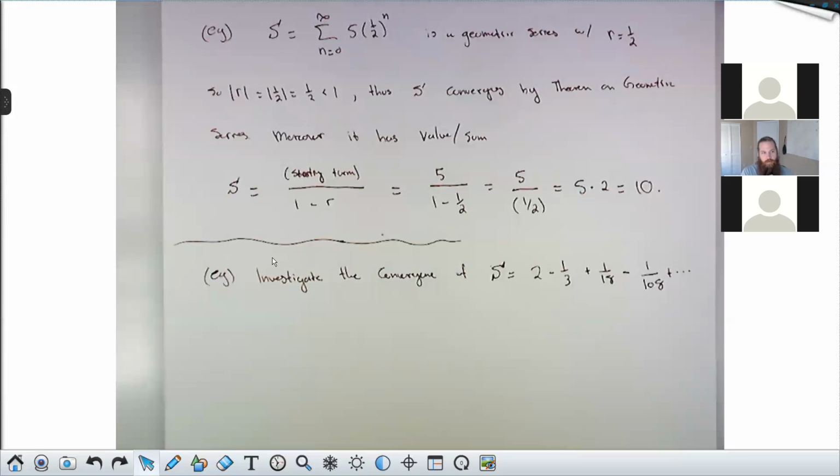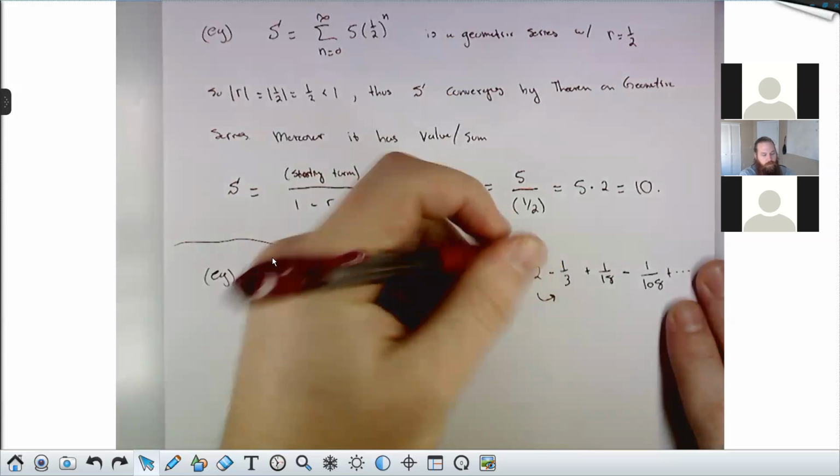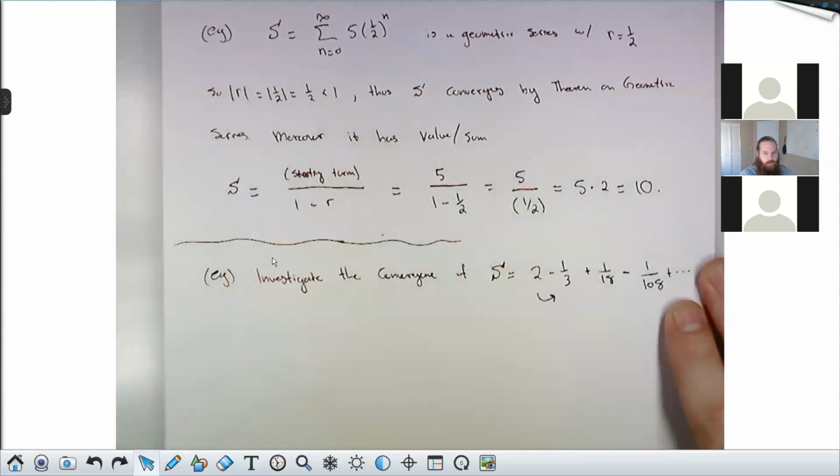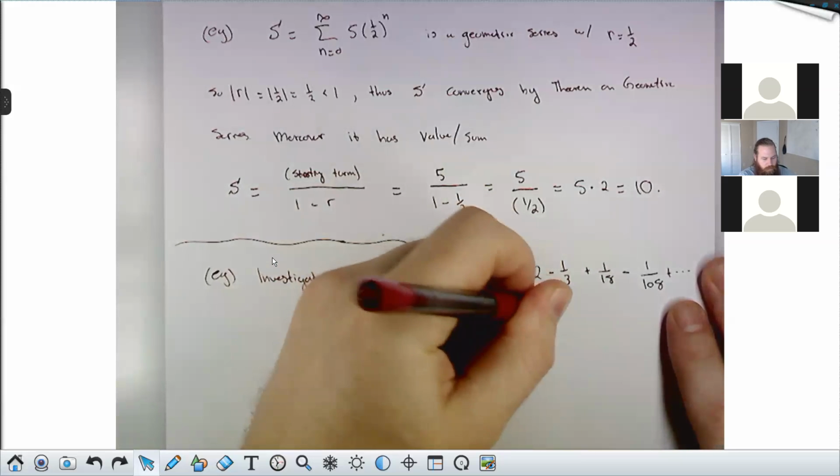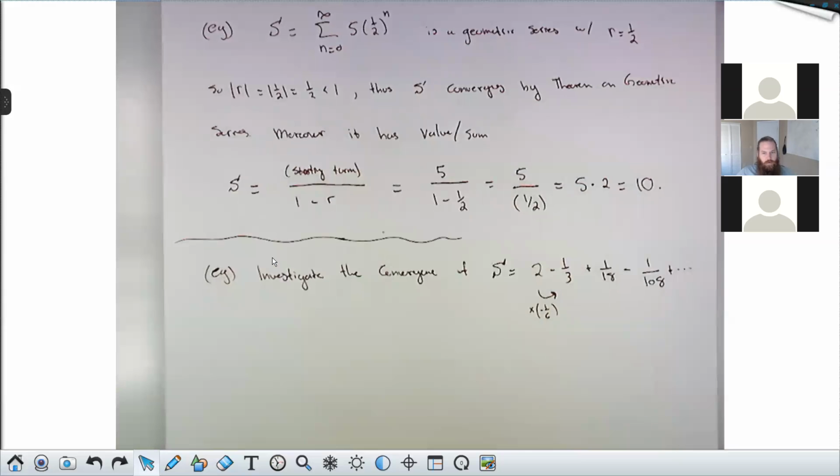That's not entirely obvious. But to go from here to here, to go from 2 to negative 1/3, I multiply by negative 1/6. Right? 2 times negative 1/6 is negative 1/3.